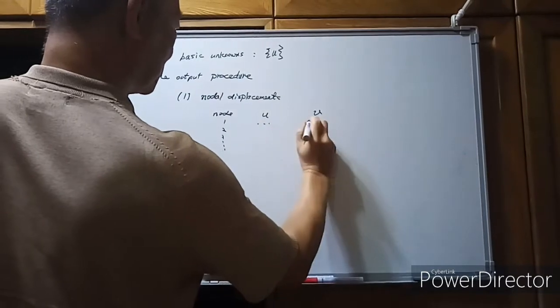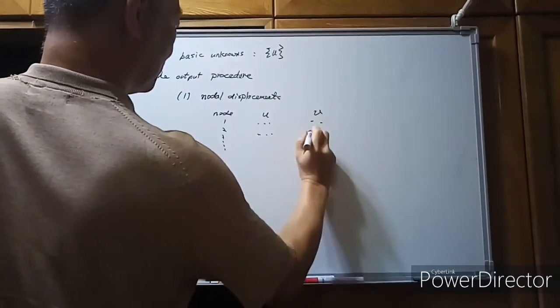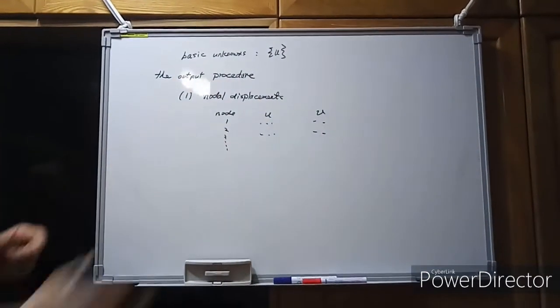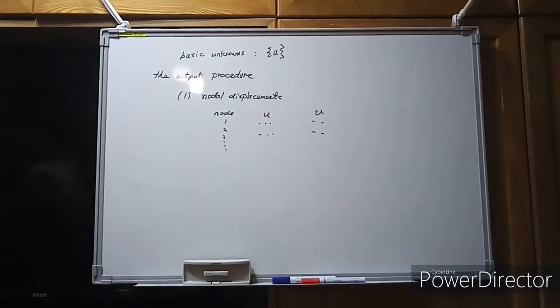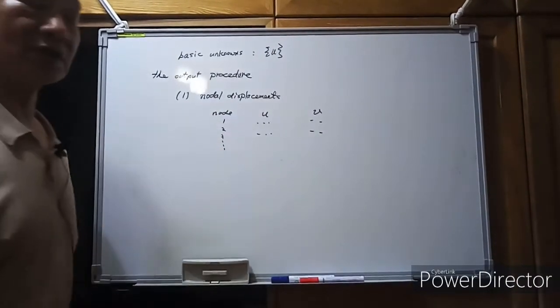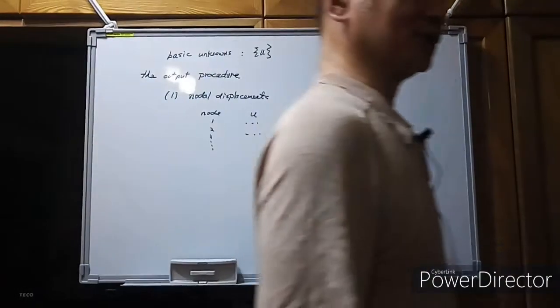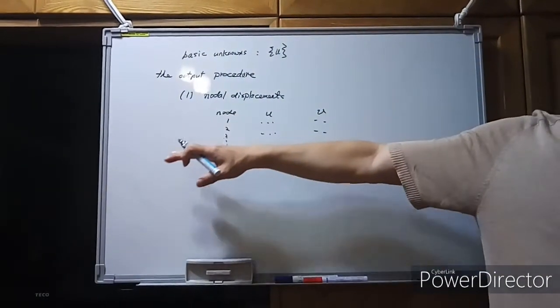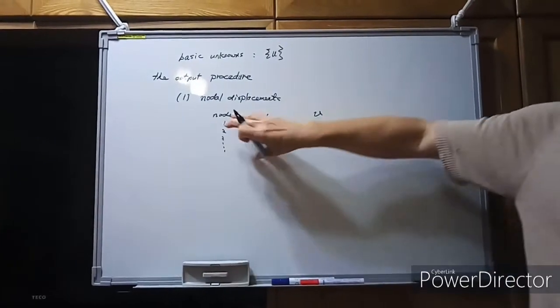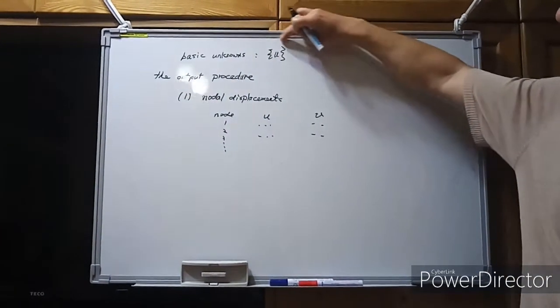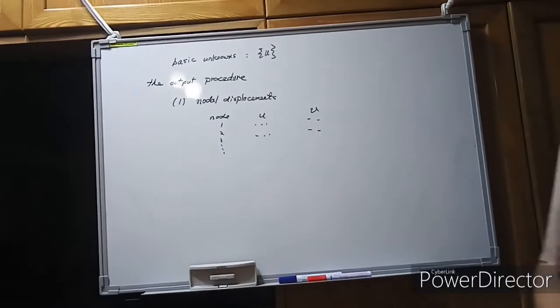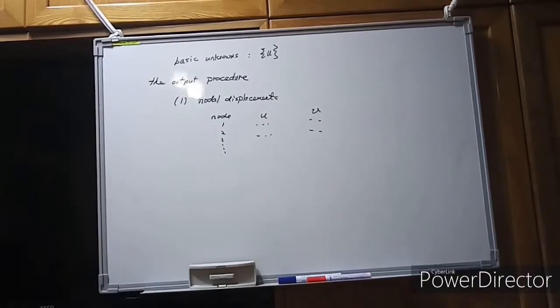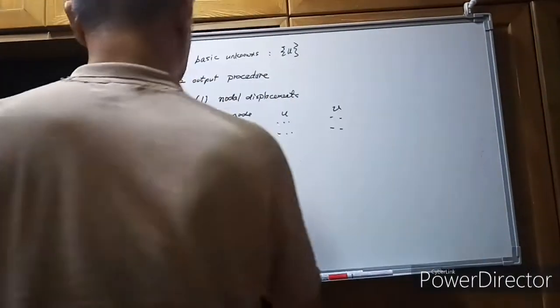You just print out the displacement for each nodal point. Those results you can get from the U vector.